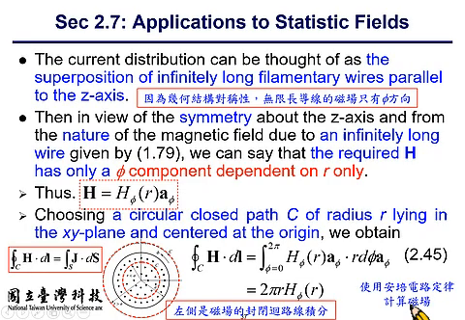On the other hand, if r is greater than a, then you have a larger circle. Then the total current intercepted by this larger circle is the total current flowing within this wire. All right?